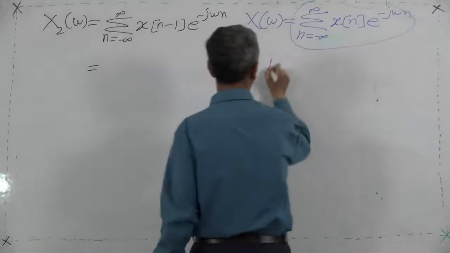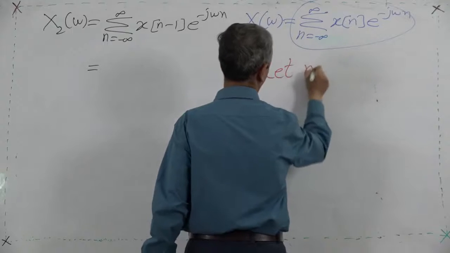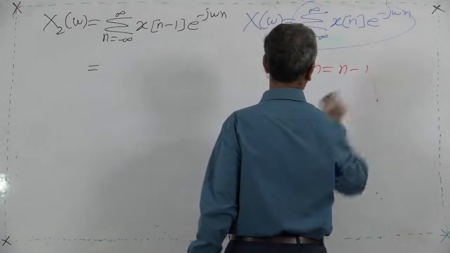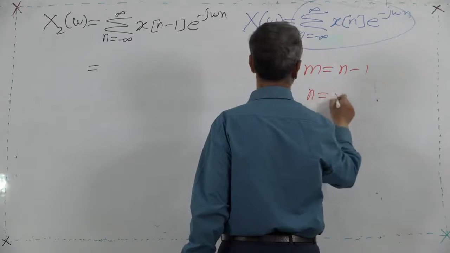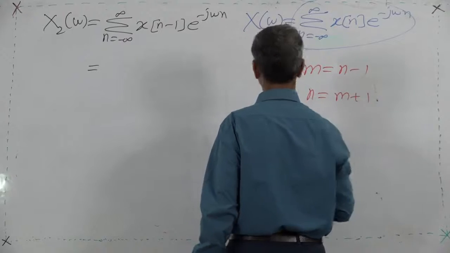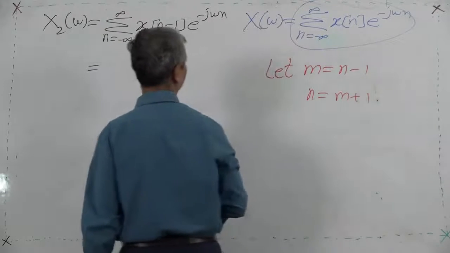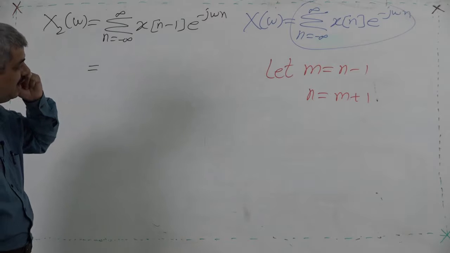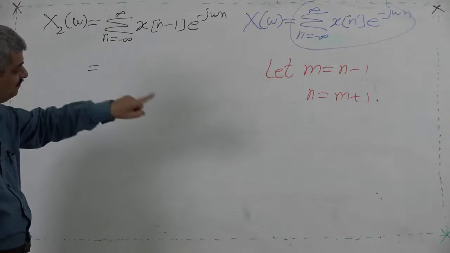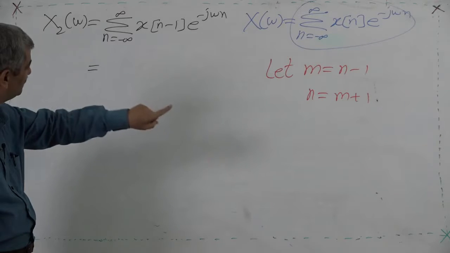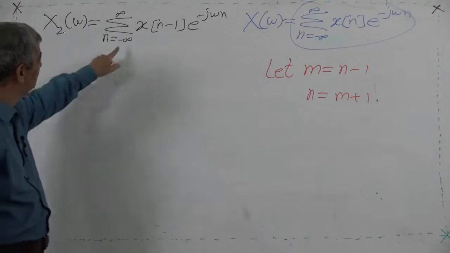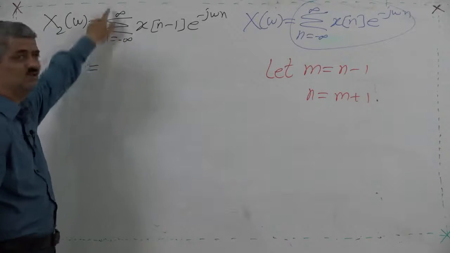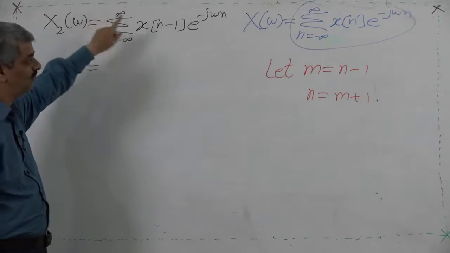Let m be equal to n minus 1. So, what is n? m plus 1. And what are the limits? When n is equal to m plus 1, both limits are infinite, so it is very easy.